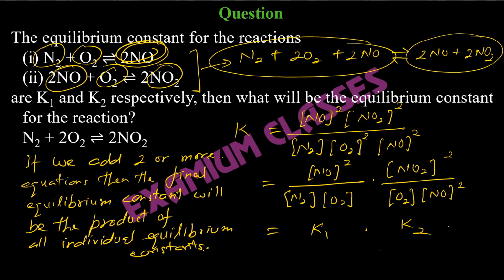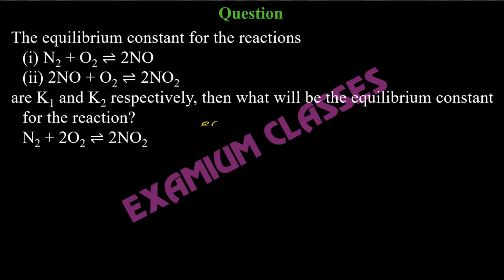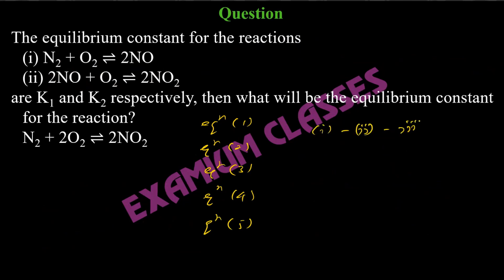Okay, so the rule is very simple. If you add, then it will be product. If you subtract, then it will be division. And the denominator will have only those equilibrium constants whose equations are subtracted. So understand it. Just note down quickly if you want to. Suppose you have equation 1, equation 2, equation 3, equation 4, equation 5, and you get the final equation by 1 minus 2 minus 3 plus 4 minus 5.